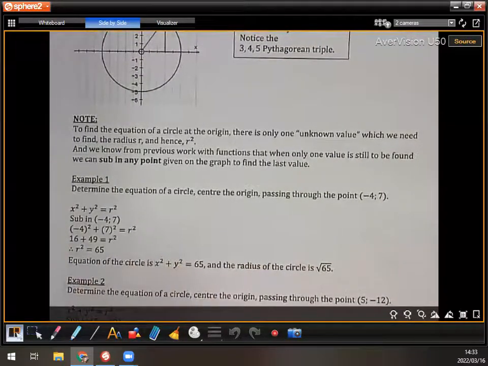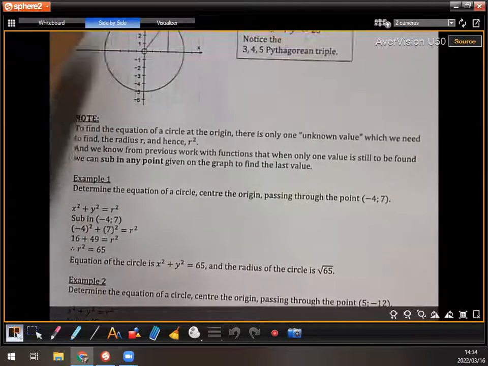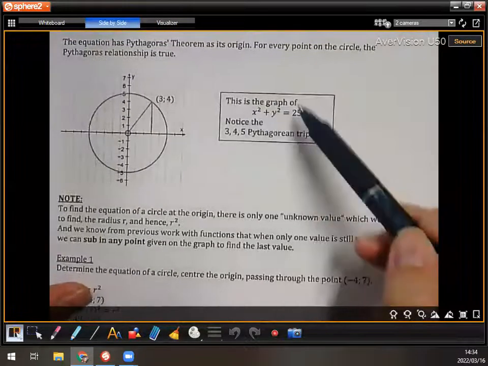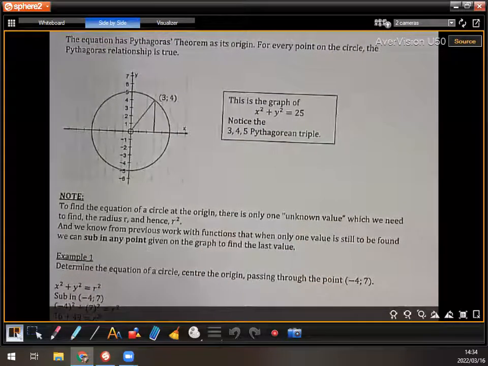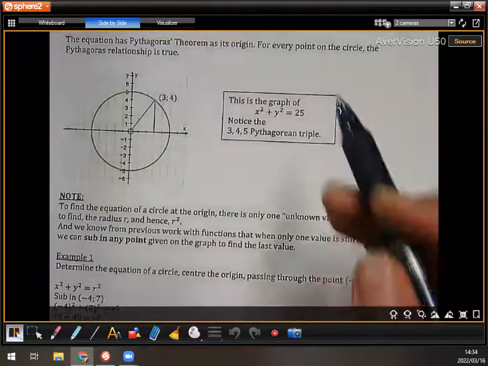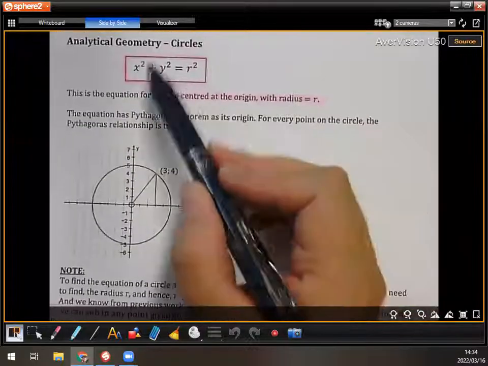In your equation, guys, it's always going to be x squared plus y squared equals to an alpha. Right, that is what the equation is going to look like. If we look at this block up here, x squared plus y squared equals 25. That is the equation. All right, you're always going to have x squared plus y squared, and then just whatever the radius is squared. Okay, it really is as simple as that. So that is how you're going to find the equation always.